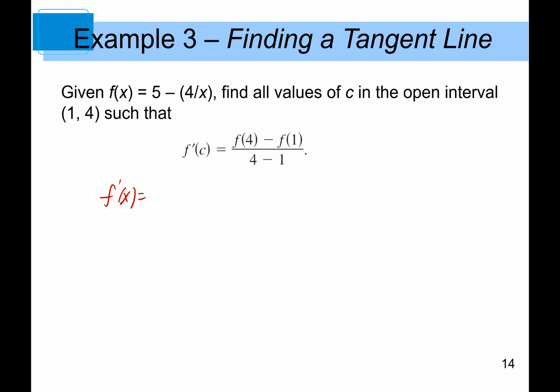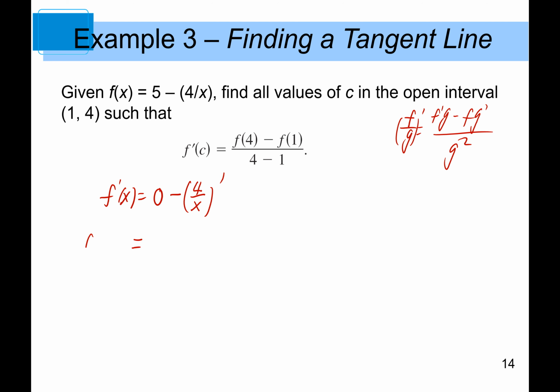The derivative of 5 is 0. Now we have to find the derivative of 4 over x. In this case, we use the quotient rule: f over g is f prime g minus f g prime over g squared.